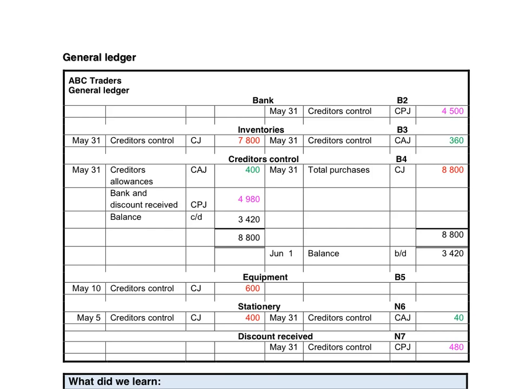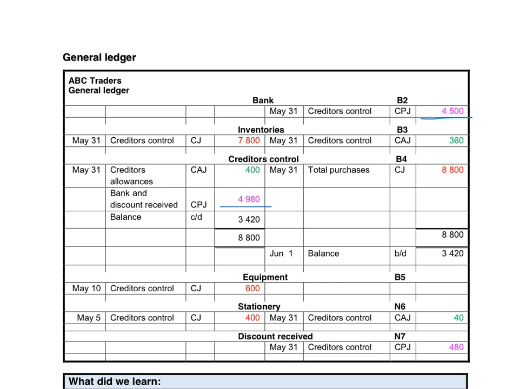If we look at the general ledger, we already recorded the credit purchases and the creditors allowances in the two previous lessons. So now we show that the total amount that was taken out of the bank was 4,500, and we will show that our creditors control must be debited with 4,980, and that includes the discount.